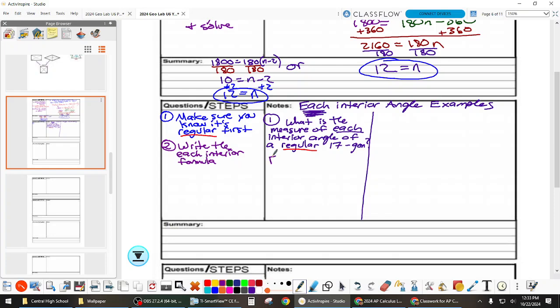Which says each interior equals 180 times n minus 2 divided by n. How many degrees are in a 17-gon? Like how much money is there to go around, right? That's the top of this equation. We need to know the total degrees that we have to spread around first.